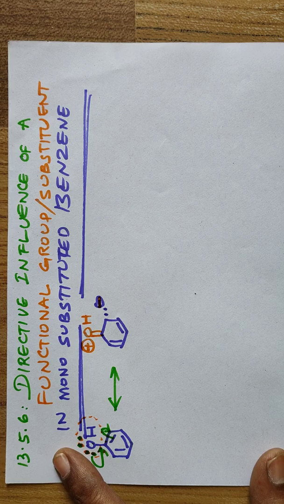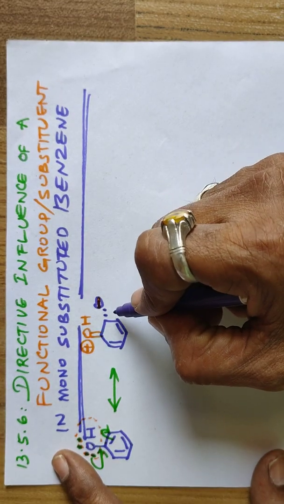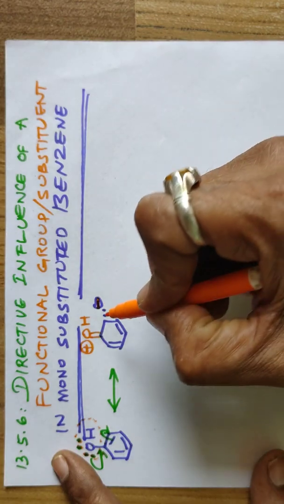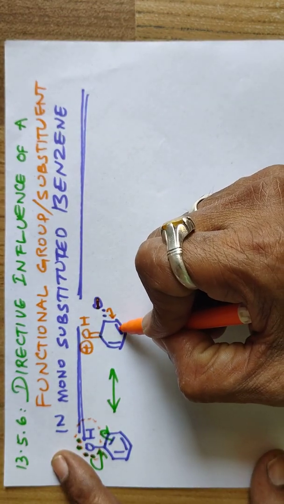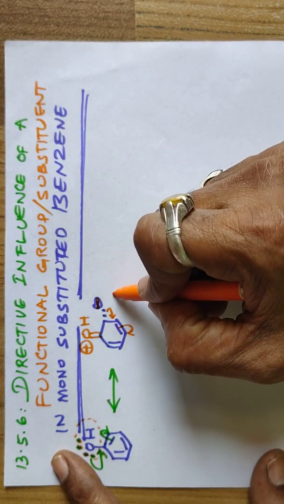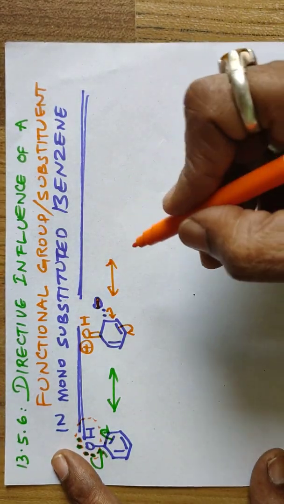After this, here it is negative charge. This lone pair of electrons starts delocalization in this manner, dispersed between these two carbons, and these electrons are shifted here and go for another resonating structure.